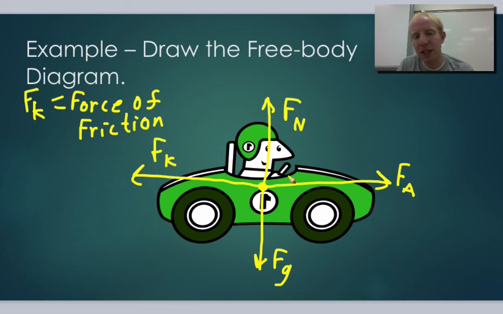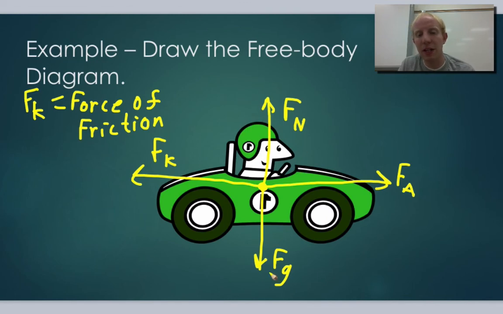Constant speed is equilibrium. So in that case, the applied force should be the same length as the force of kinetic friction. If it's longer, that means they're speeding up, and if it's shorter, it means they're slowing down.